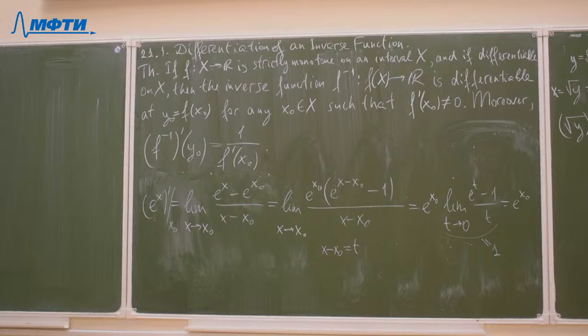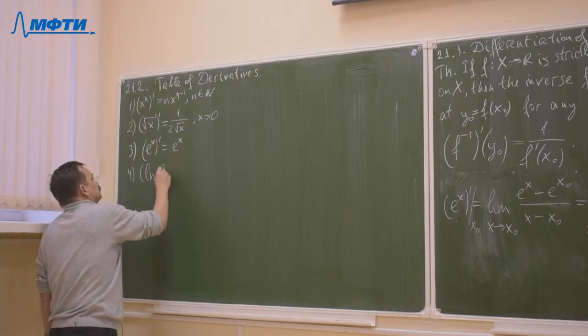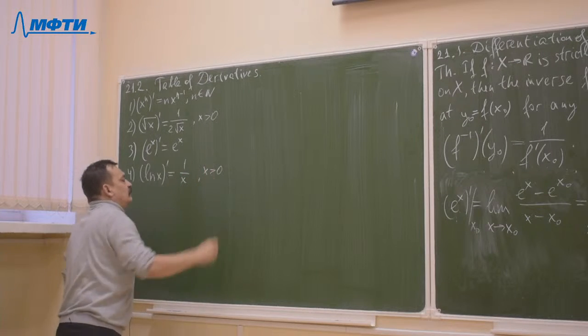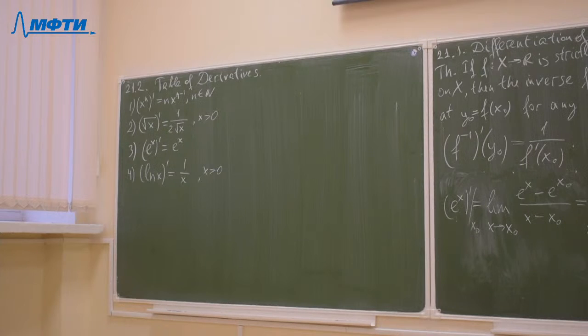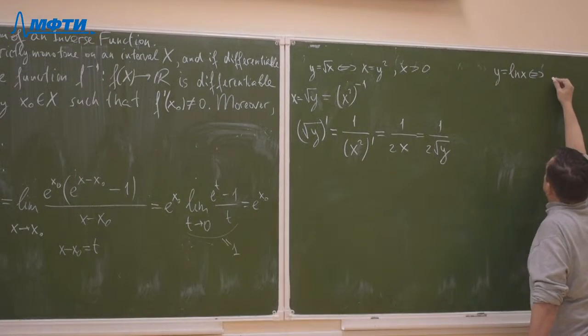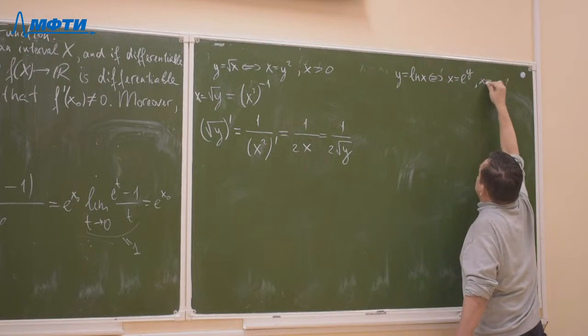And then immediately we can check the derivative of the logarithmic function, because y equals logarithm x is equivalent to x equals e to the power y for x positive.